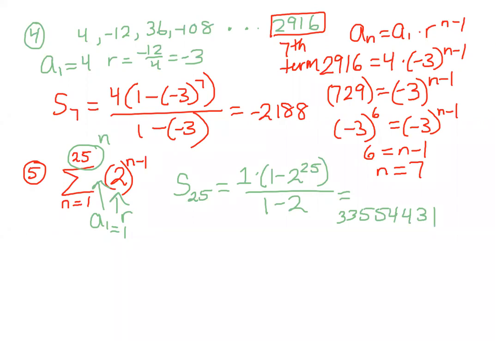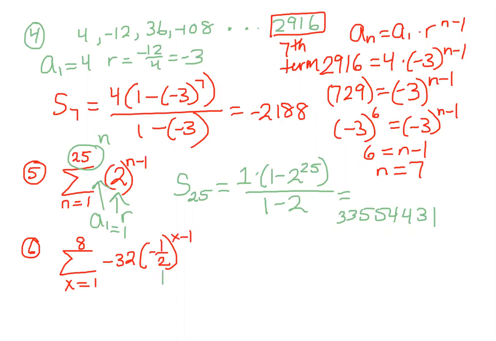Okay, number 6. We got the sum of, I can't even see what that is, is it x? X equals 1 to the 8th power of negative 32 times negative 1/2 to the x minus 1.